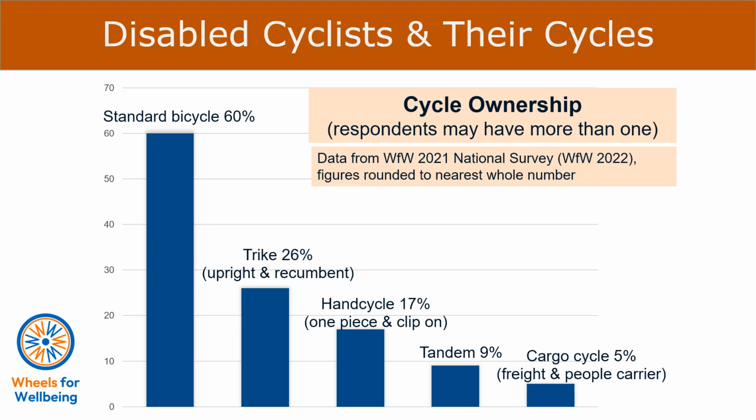So these are perhaps surprising figures in terms of the proportion of disabled people who own or were using a standard two-wheel bicycle. However, that's perhaps not too surprising when we consider that standard two-wheel bicycles are the most commonly available type of cycle. They're the cheapest to buy.